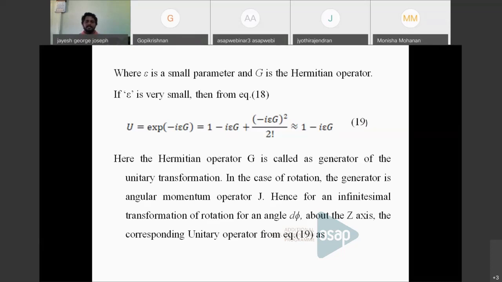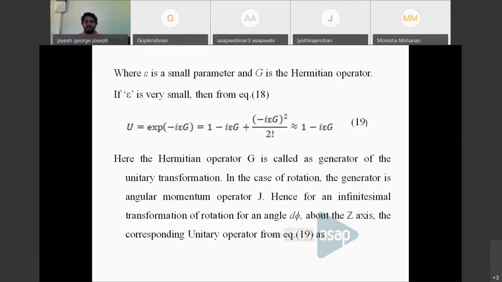In the case of a translation, the generator is the linear momentum. And in the case of a time translation, the generator is the Hamiltonian of the system.